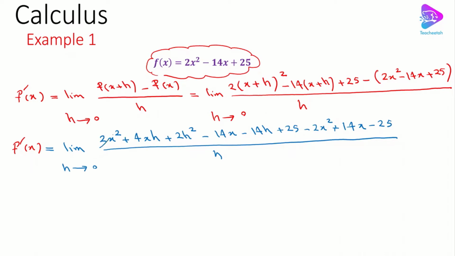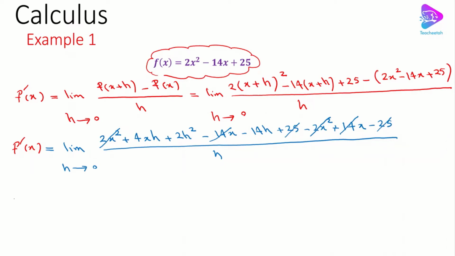Now this 2x squared will be cancelled with the minus 2x squared that we have, minus 14x is going to be cancelled with positive 14x, and positive 25 is going to be cancelled by minus 25.